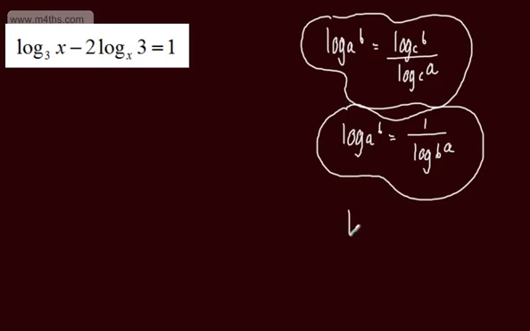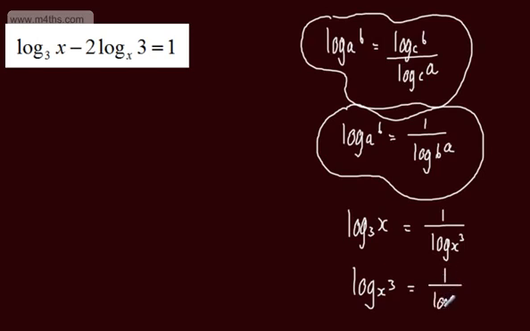So what we could say now is log to the base 3 of x is equal now to 1 over log to the base x of 3. Alternatively, we could say log to the base x of 3 is equal to 1 over log to the base 3 of x. Now, if you look at the equation that we've got here, it would seem better that I chose now this particular approach.